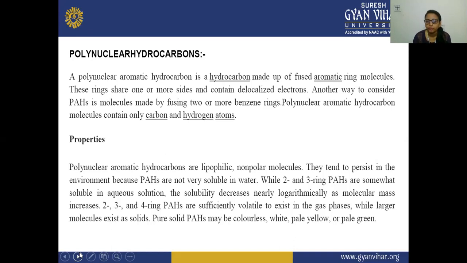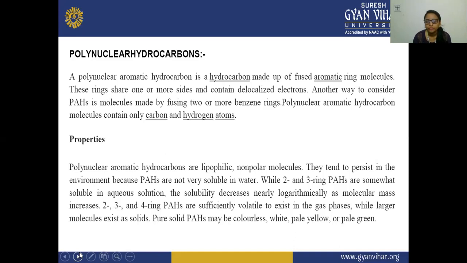The polynuclear aromatic hydrocarbons which contain 2 or 3 rings are soluble in the aqueous solution, and the solubility of PAH decreases as molecular mass increases. It means if the PAH's molecular mass is increasing, then its solubility is decreasing.